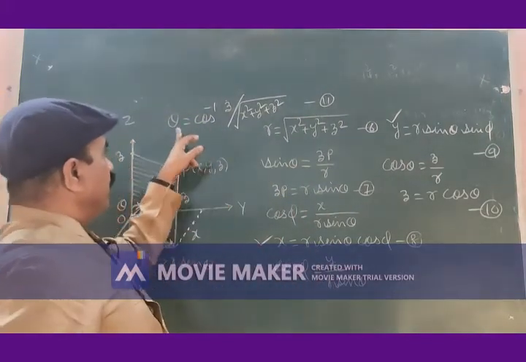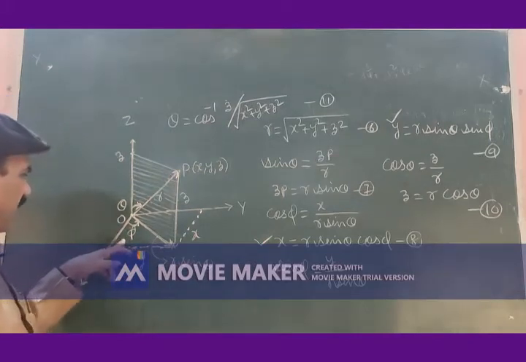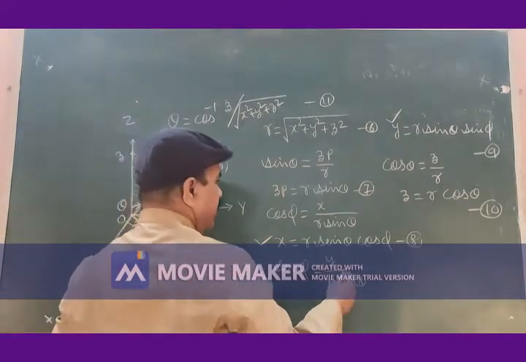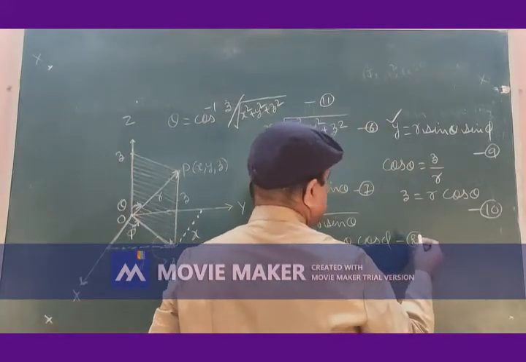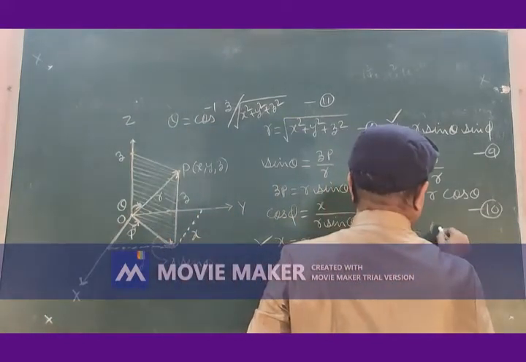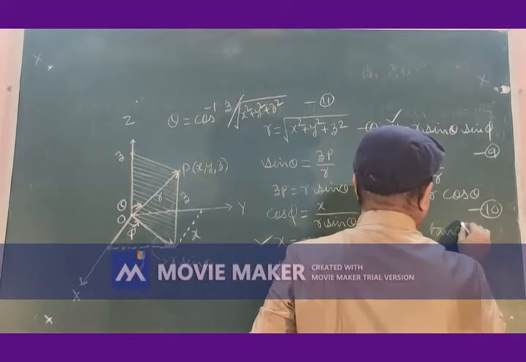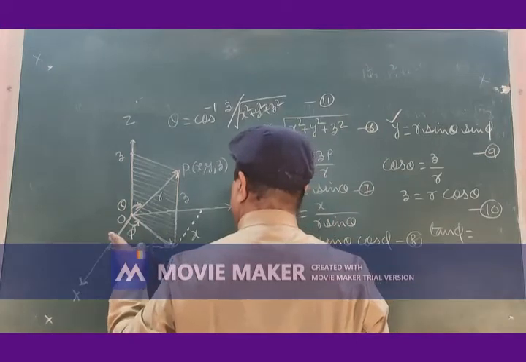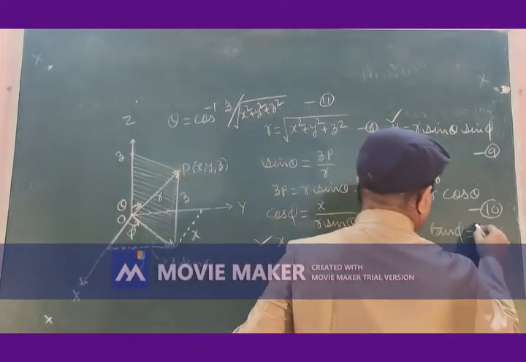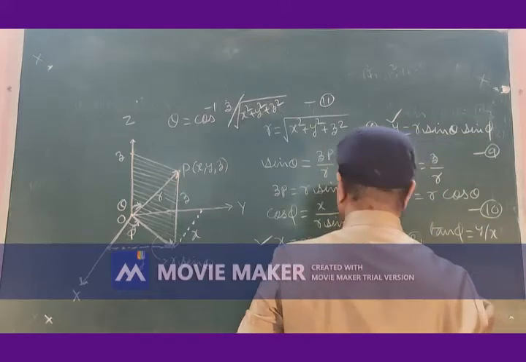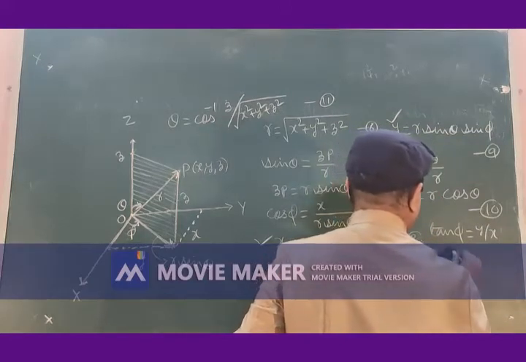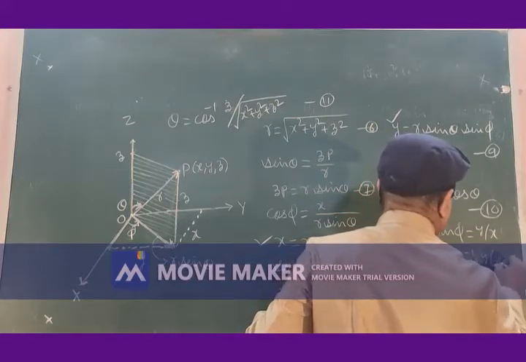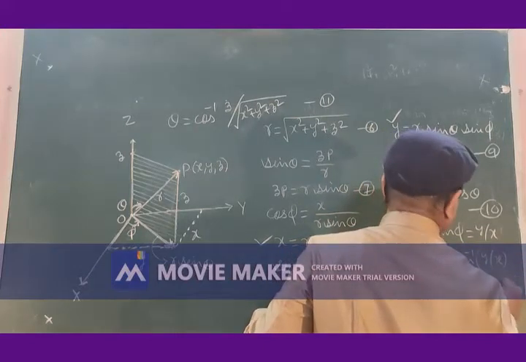We found r, we found theta. Now what is left? Phi. We may write this phi with the help of tan phi. Tan phi is equal to opposite side divided by adjacent side, that is y by x, and therefore phi is equal to tan inverse of y divided by x, equation number 12.